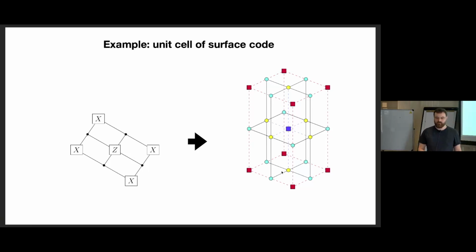So if you were to think of this as the world line of a data qubit in a circuit, then you have locations between syndrome extraction rounds where it can either experience X or Z faults.